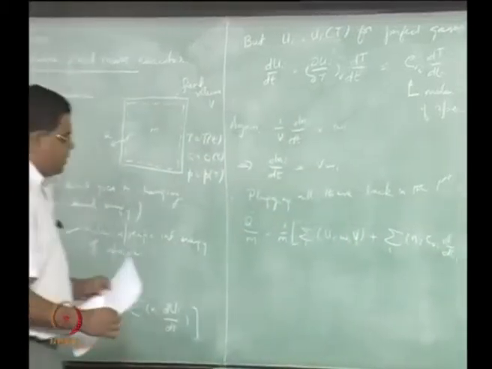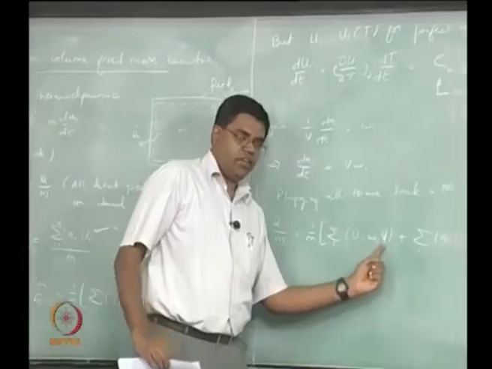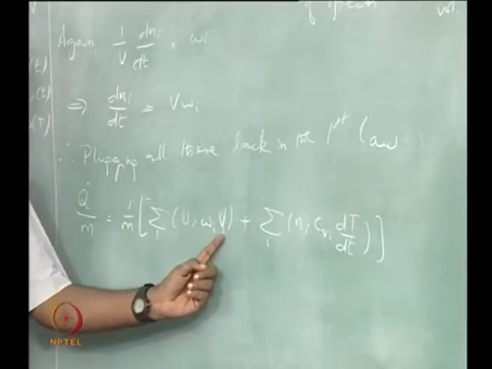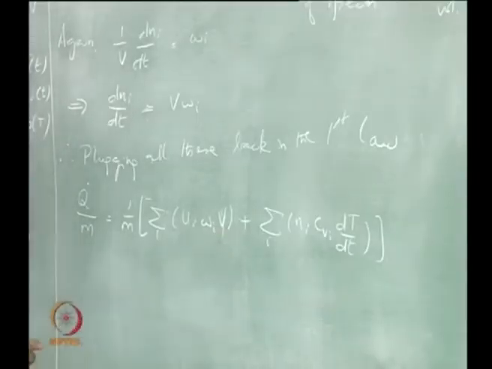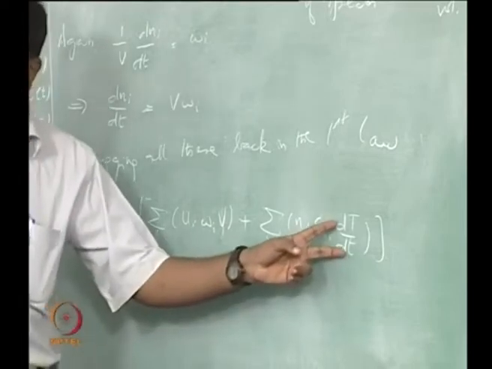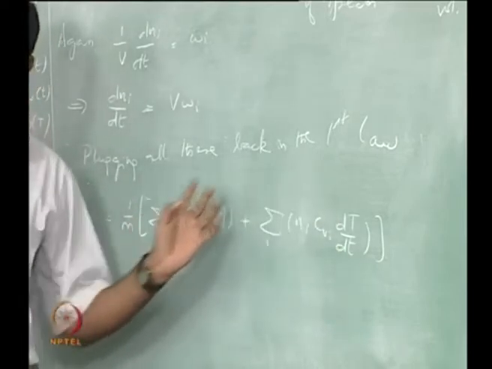Notice here again as before that V doesn't have an index i, so that's common for all the species, and similarly dT over dt is independent of species, so they can be pulled out of their respective summations.